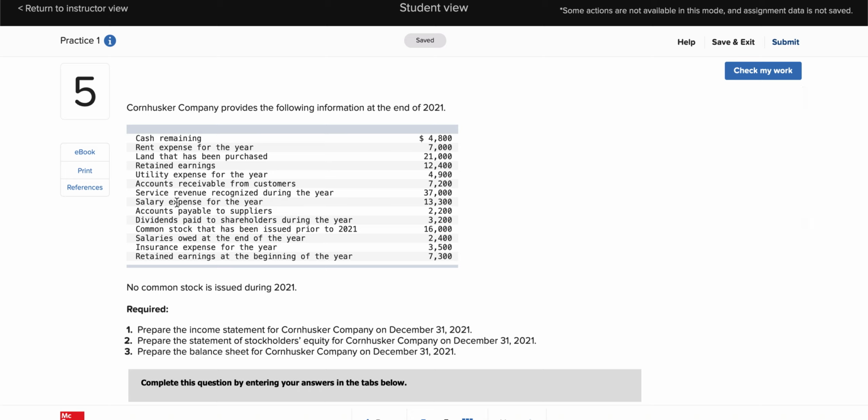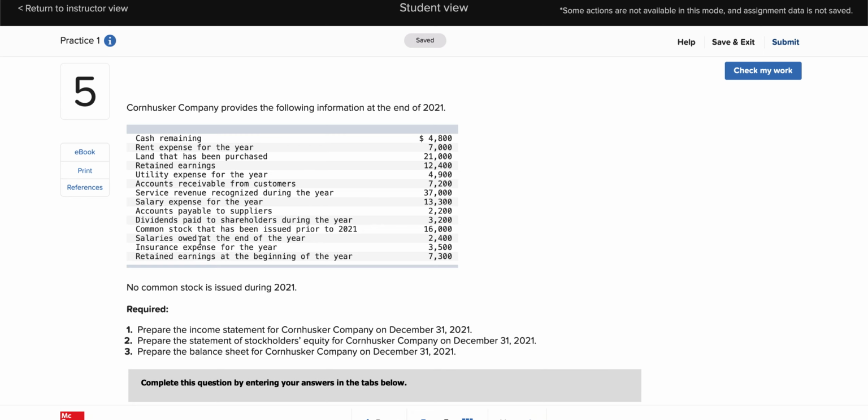See what else we have here. Dividends paid. We don't need that right here. Common stock, we used the dividends on the previous document there. Common stock, we used that particular number on the statement of stockholders' equity as well. Salaries owed at the end of the year. This is also known as salaries payable because this is something that you owe.